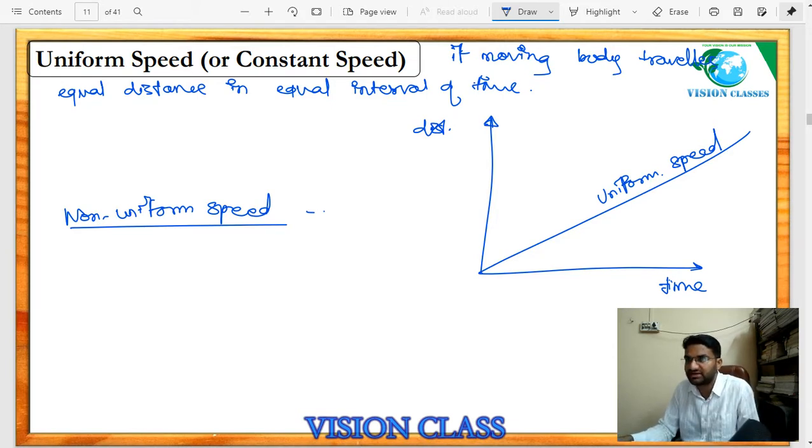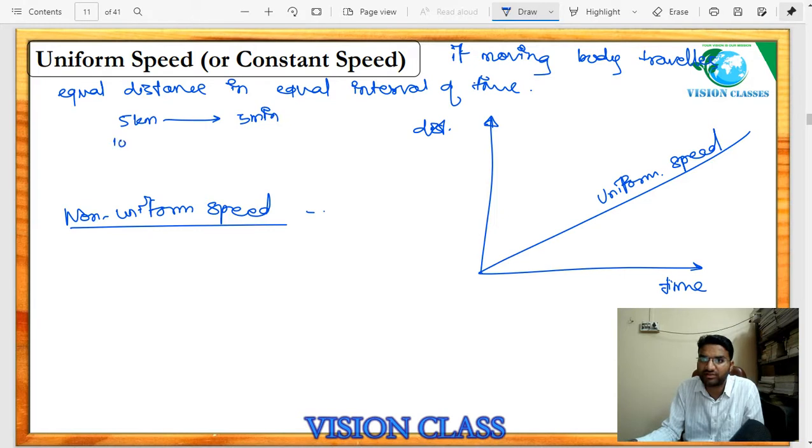Look here, let's say in the case of uniform speed, 5 kilometers in 5 minutes, 10 kilometers in 10 minutes, and the next 8 kilometers again in 8 minutes. It means overall it's around 1 kilometer per minute that this body is moving, right?